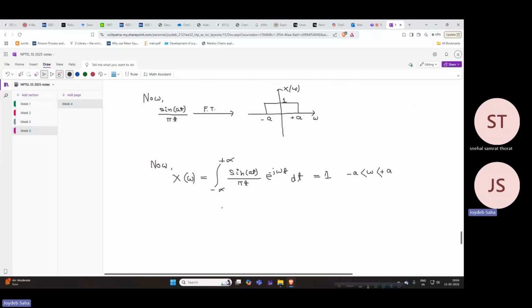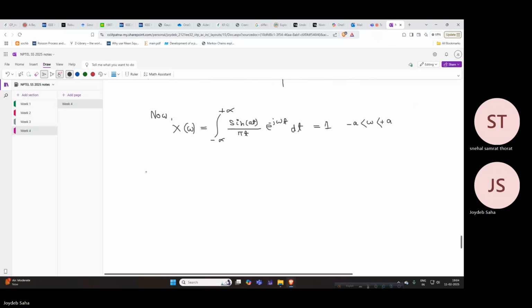Now put a is equal to 1 and omega is equal to 0.